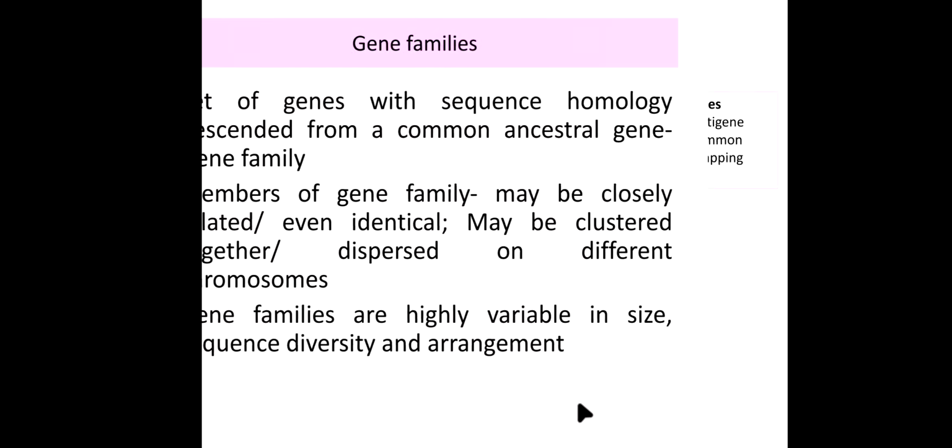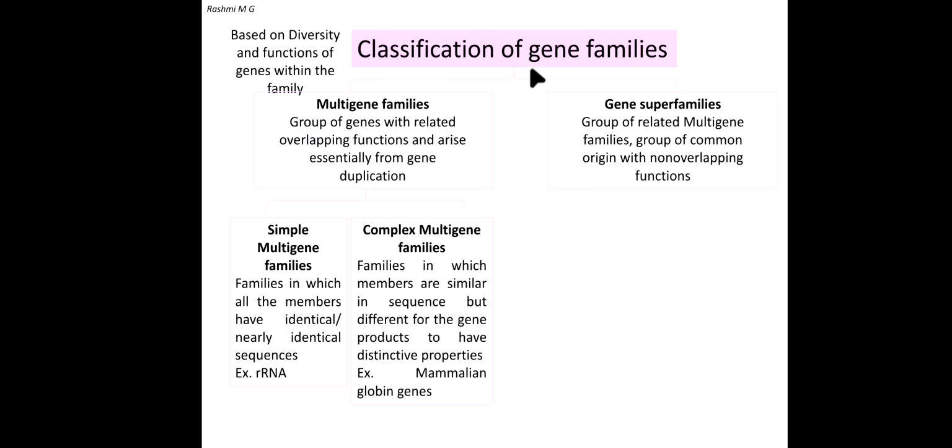Let us now know about the classification of gene families. Classification of gene families is based on diversity and functions of genes within the family. One is multi-gene families and another one is gene superfamilies. Multi-gene families are the group of genes with related overlapping functions and arise essentially from gene duplication.